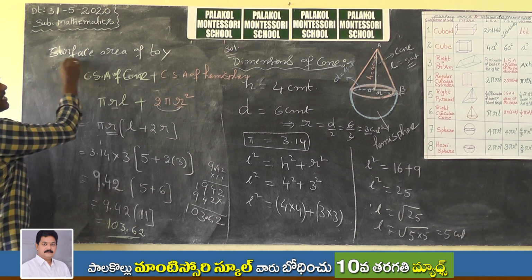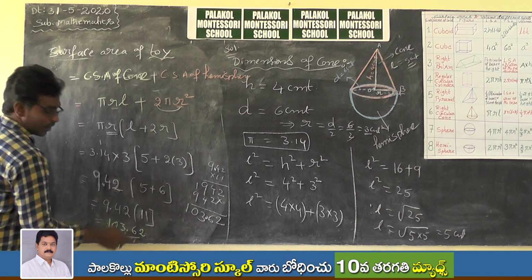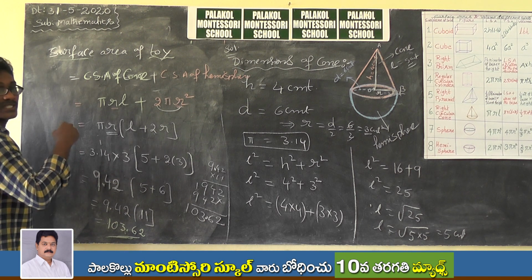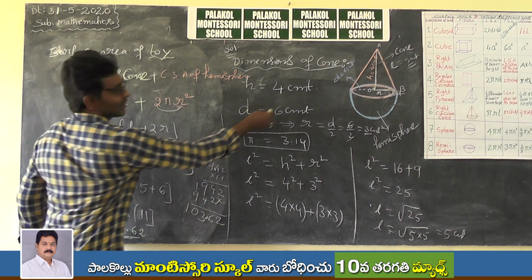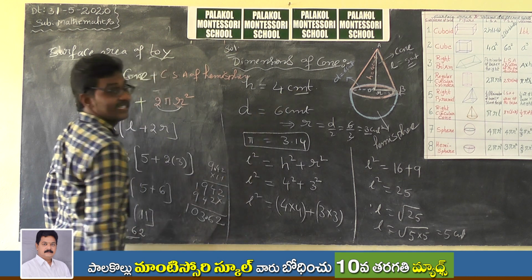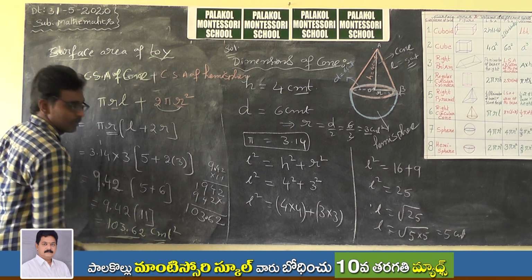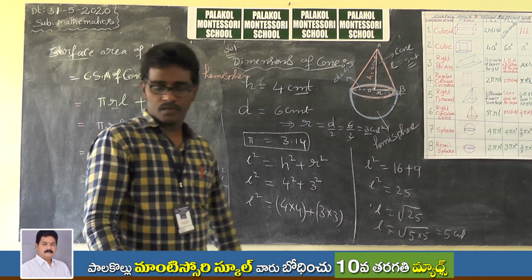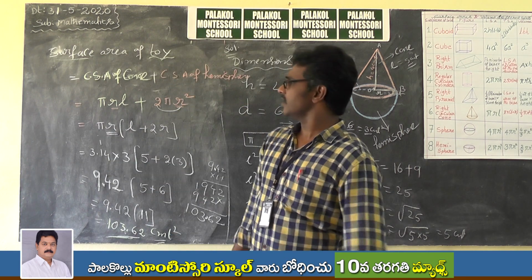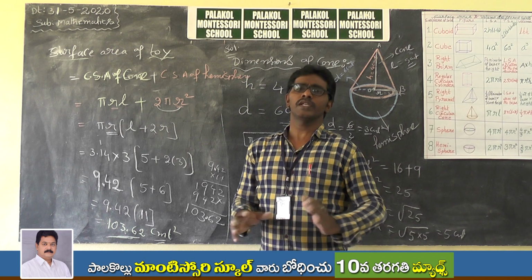It is the surface area of the toy. The units are squares, and the measurement of length is centimeters, so centimeters square. Guys, is the sum easy or tough? I think it is very easy.